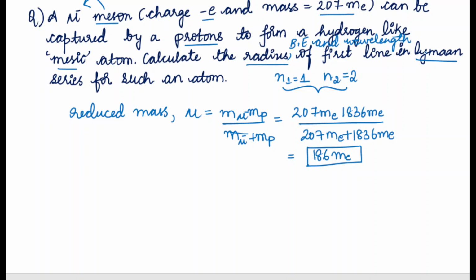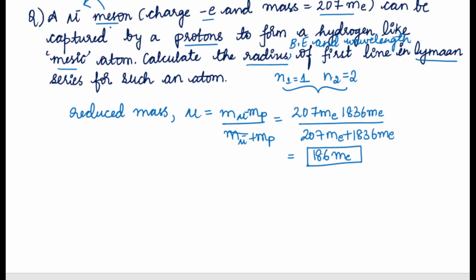Wavelength of the first line of hydrogen, the first line in the Lyman series for a hydrogen atom. So, a hydrogen-like atom; here they have given it as a mesic atom. Again I'm going to read the question to confirm.